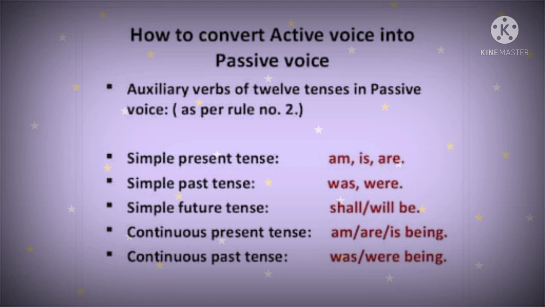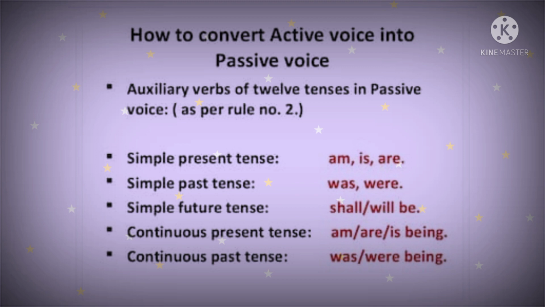Simple future tense: will or shall plus be. And with all the modals: can be, could be, might be, may be, must be. Then present continuous: is, am or are is already used in simple present tense, so there must be some change for continuous.